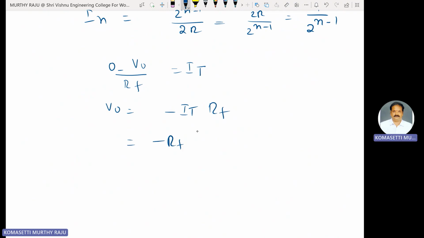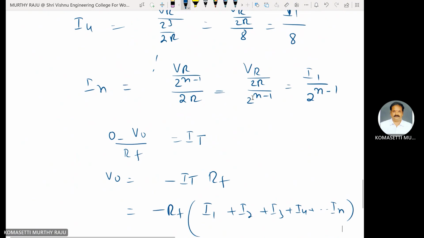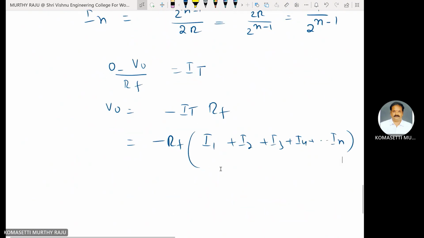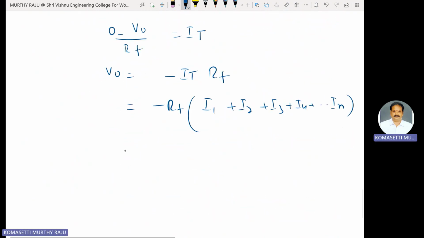IT is the currents I1 plus I2 plus I3 plus I4 and so on and so forth, IN. Here, minus RF.